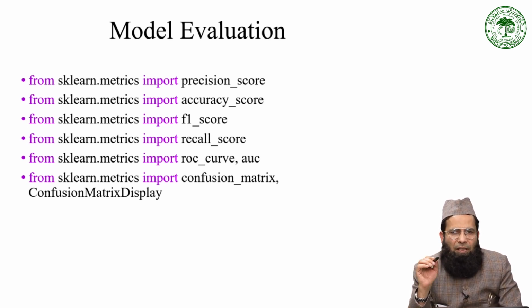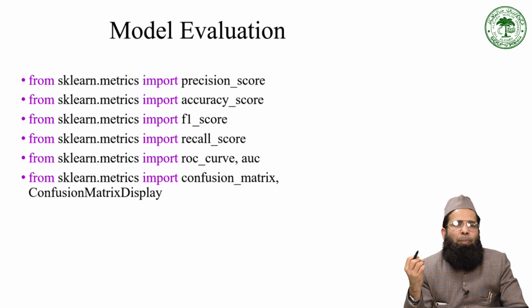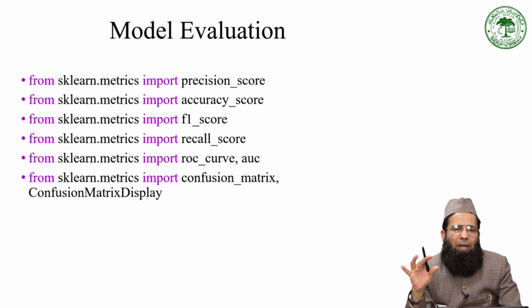As far as precision is concerned, precision is the ratio of correctly predicted positive observations to the total predicted positive observations. And then we have several other measures like recall, which is the ratio of correctly predicted positive observations to all observations in the actual class.